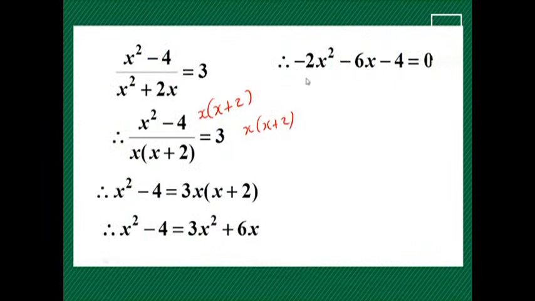I always like the number next to x squared, the coefficient, to be 1, because then it's easy to work with. So if you divide everybody by negative 2, we get x squared, negative 6 over negative 2 is 3, and negative 4 over negative 2 is 2. And that is a very, very straightforward little trinomial there.